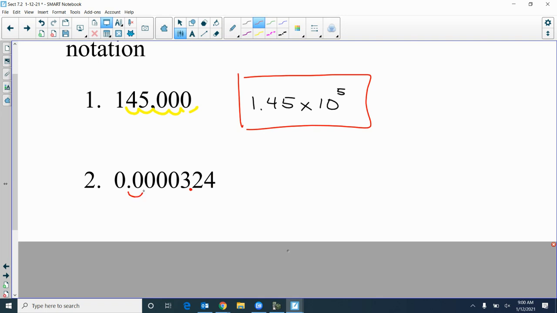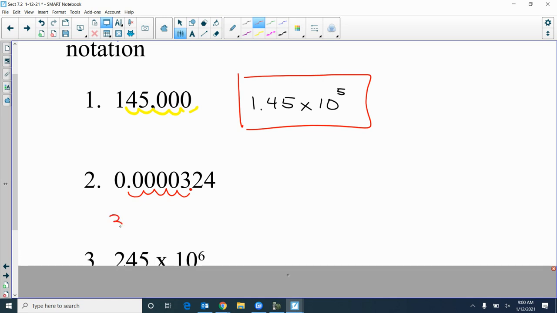And so 1, 2, 3, 4, 5 spots. So Connor, what would be my answer there? 3.24 times 10 to the negative 5th. Yep, if you go from a small number like a decimal, that's where you got to make it a negative. If you move it to the right, you make it a negative. If you move it to the left, it's a positive.